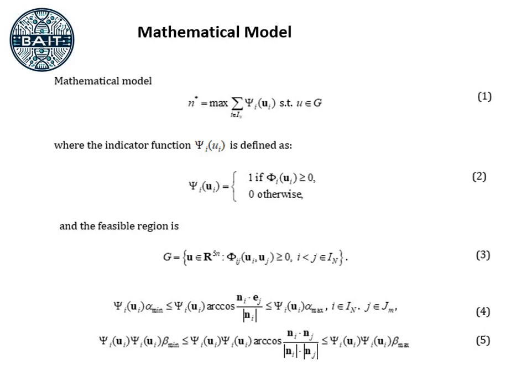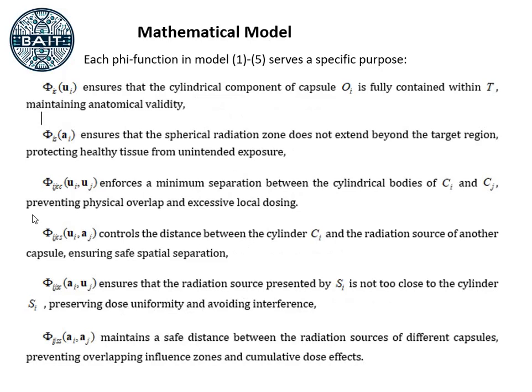They help ensure that capsules do not intersect, radiation zones do not interfere with healthy tissues, and all placements remain within the feasible treatment area. Each phi function in the model serves a specific purpose, indicated in this slide.